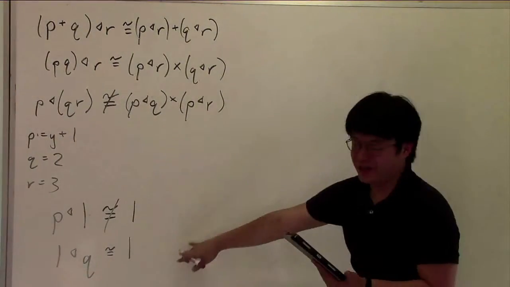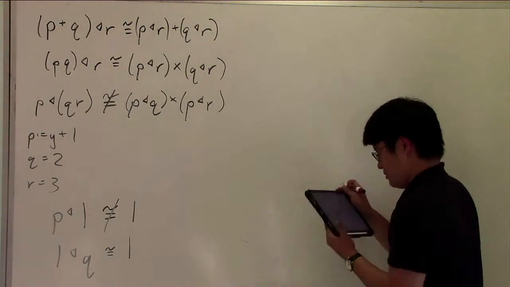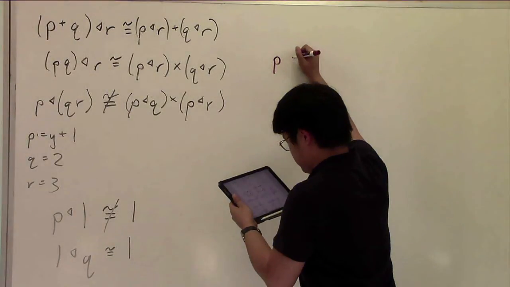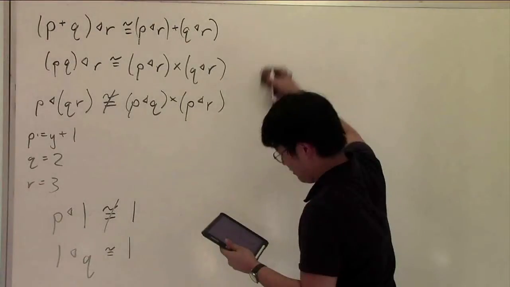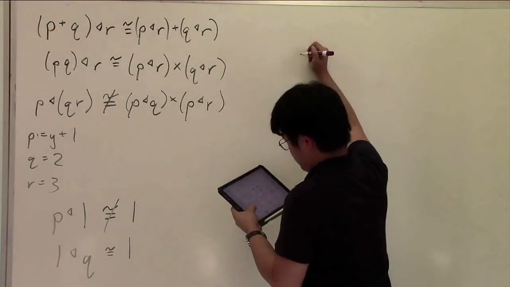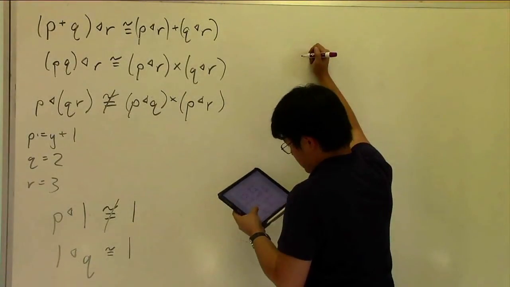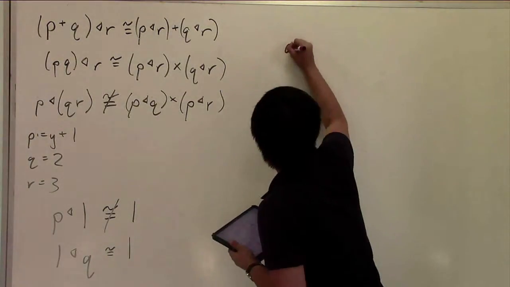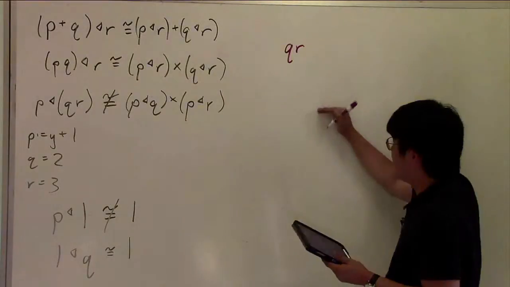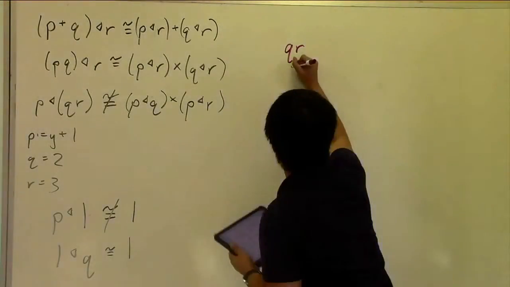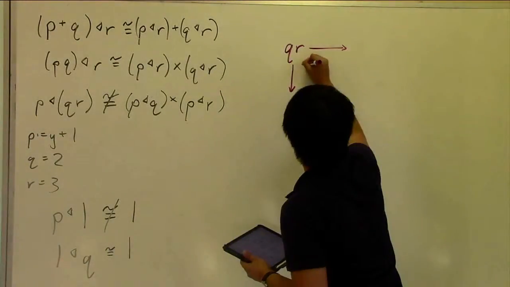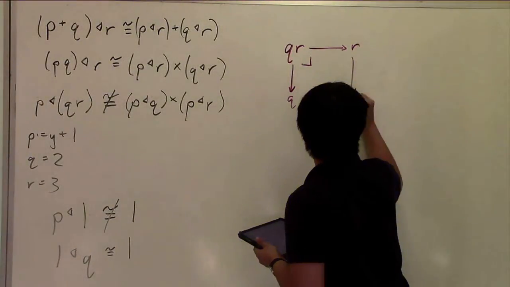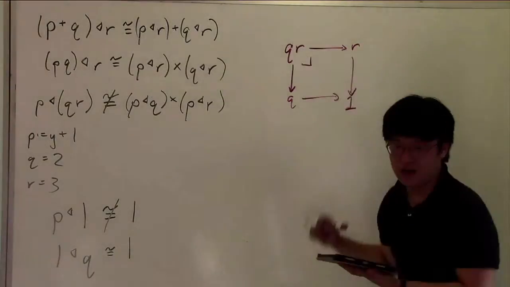So for example, if we have a pullback square, even though we can't preserve products, we can think of any product as a kind of trivial pullback square. This is q times r here.